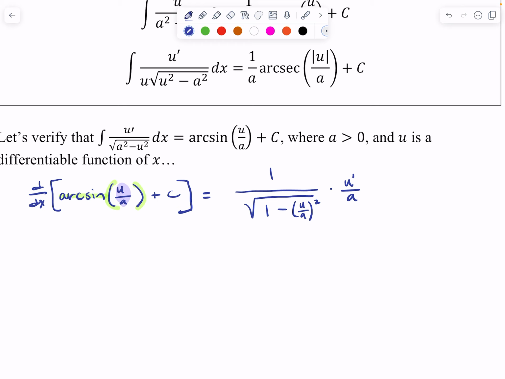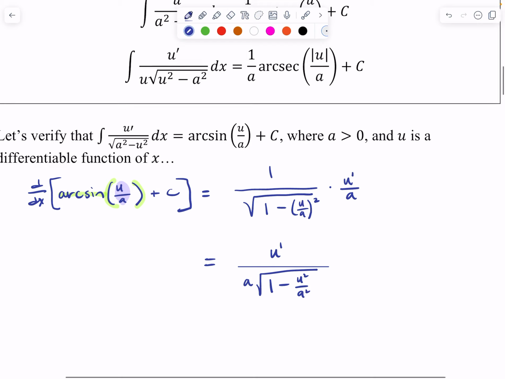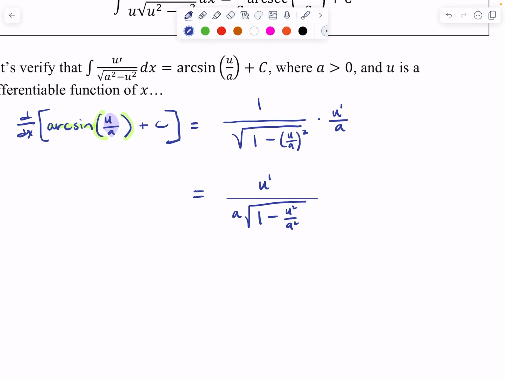And then simplifying, we would have the u prime in the numerator, which is what we wanted, and then we can pull the a out front of the radical there, with 1 minus u squared over a squared. And then now it's algebra to see if we can get that to be equal to the u prime over the square root of a squared minus u squared.